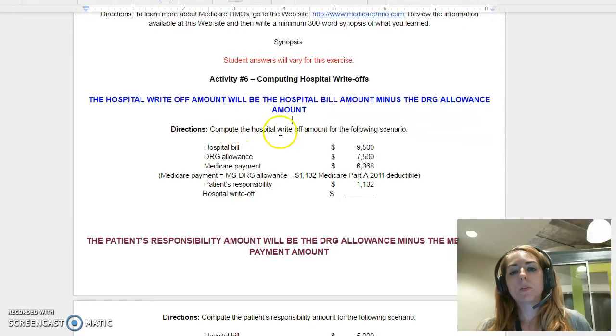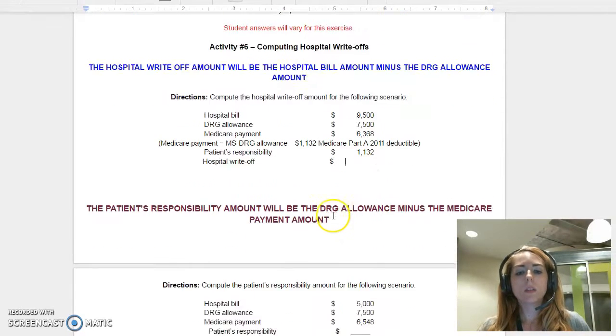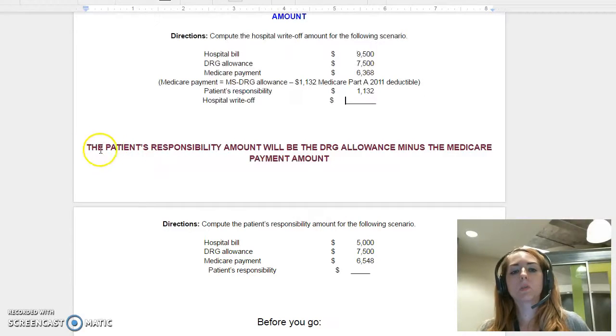The patient's responsibility amount is the DRG allowance amount minus the Medicare payment amount.